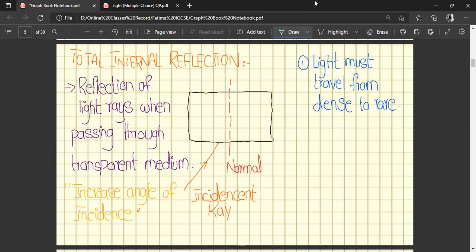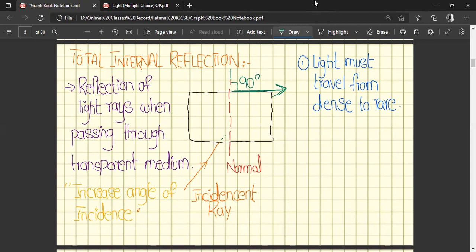When passing from dense to rare, it bends away from the normal and light will appear somewhere at this point. So light completely bends at a 90-degree angle with respect to the normal. In normal refraction light bends away from the normal, but if we continuously increase the angle, at a certain point, depending upon the density of the glass or medium, light bends at 90 degrees, right?